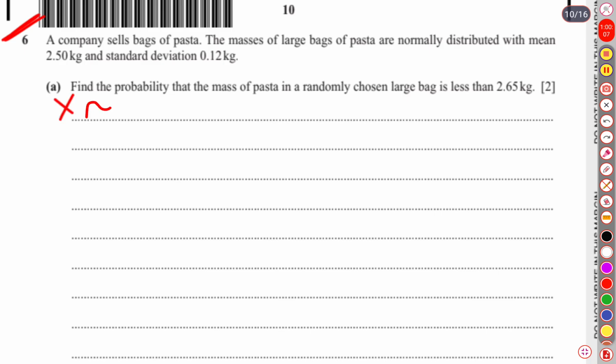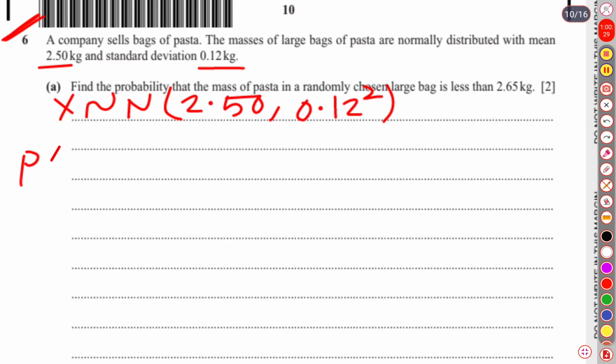X belongs to normal distribution, and our parameters are here. Mean is 2.50 and variance is 0.12 squared, the square of the standard deviation. Okay, and we are going to find the probability that a bag is less than 2.65, and we are going to standardize this score.